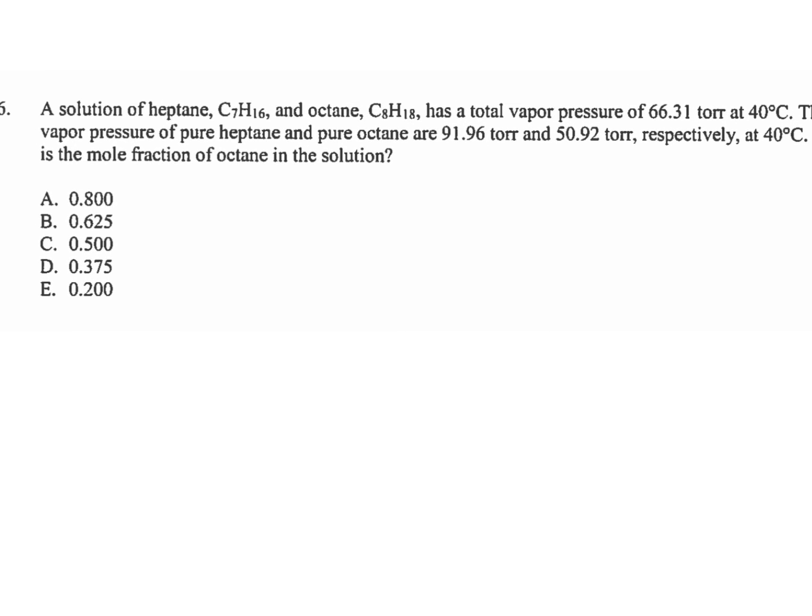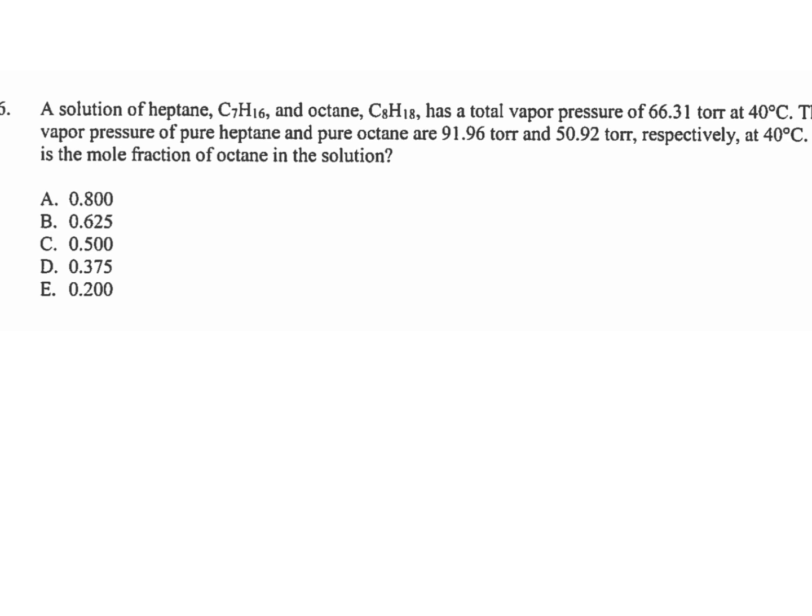Okay, so this says a solution of heptane and octane has a total vapor pressure of 66.31 torr at 40 degrees Celsius. The vapor pressure of pure heptane and pure octane are 91.96 torr and 50.92 torr respectively at 40 degrees Celsius. What is the mole fraction of octane in the solution? So a couple of things here, context clue wise.